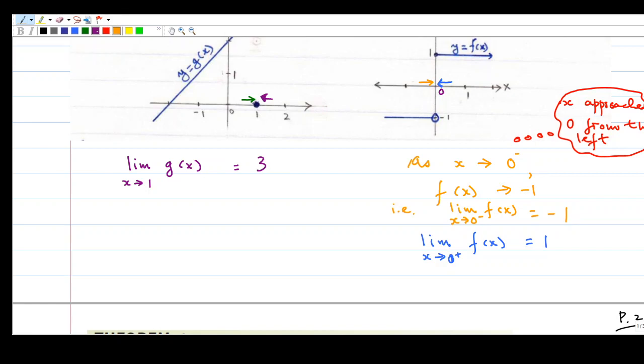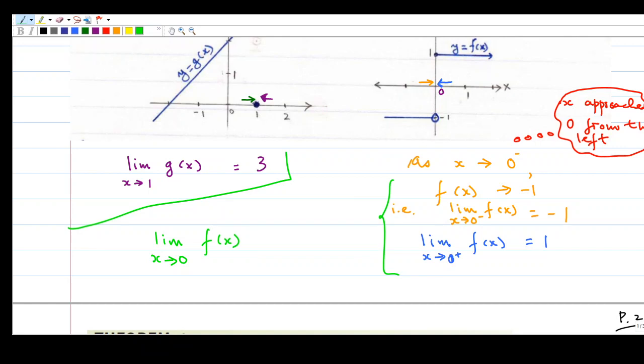Now, if we take both of these together, you can see that the limit of f of x as x approaches 0 does not exist, because you're getting two different values as you approach from the left of 0 and the right of 0.